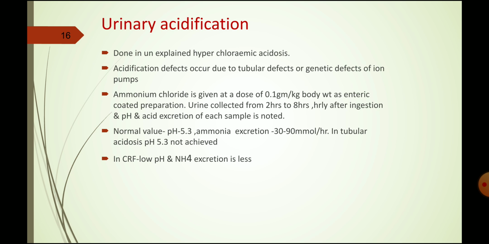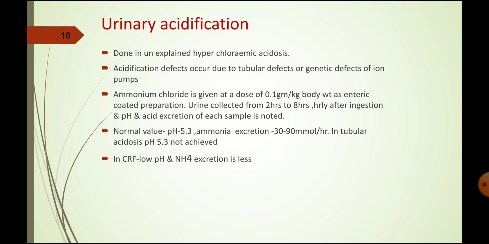So first you give the enteric coated tablet, 0.1 gram per kilogram body weight, and 2 hours after that you collect hourly samples and examine the pH and acid excretion of each sample. Normal urine pH reaches 5.3, and the ammonium excretion will usually be 30 to 90 millimoles per hour. But in tubular acidosis, the pH of 5.3 is not usually achieved.